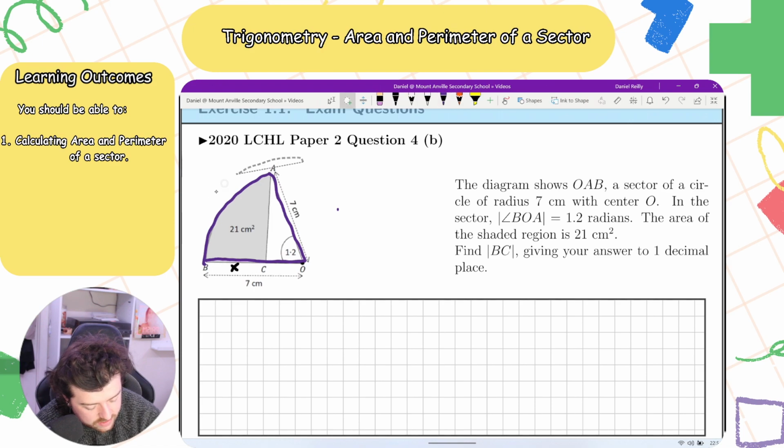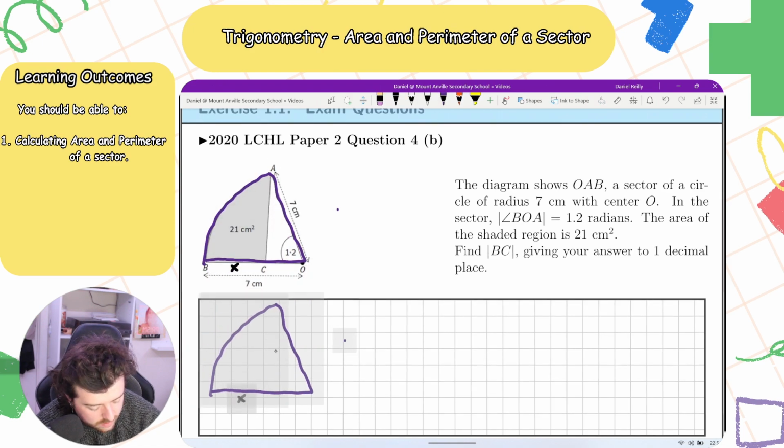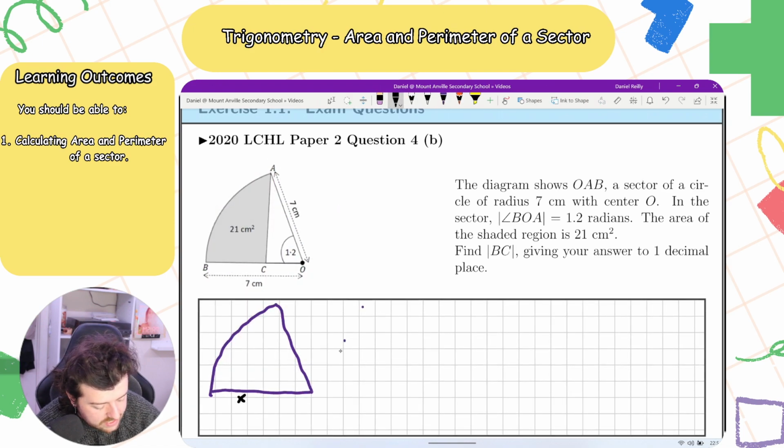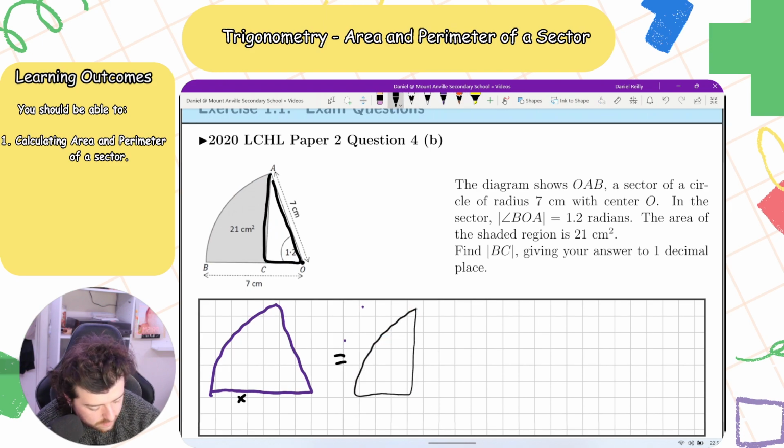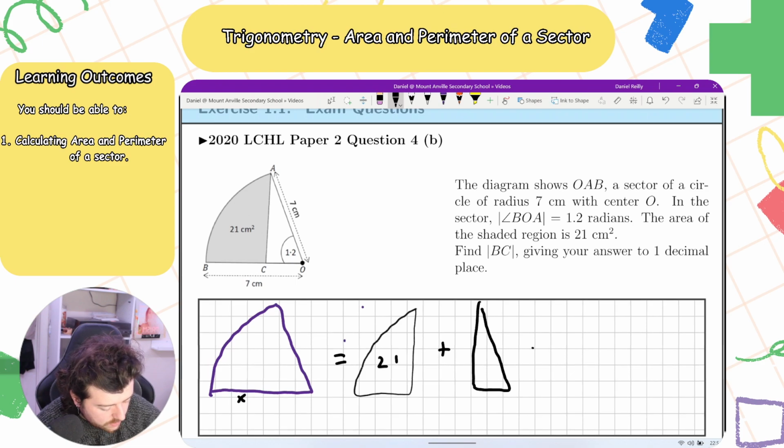The entire sector of the circle is equal to this little part here, that part, plus this triangle, A, C, B, O. That's 21. So this is 1.2, and then the radius of this is 7.